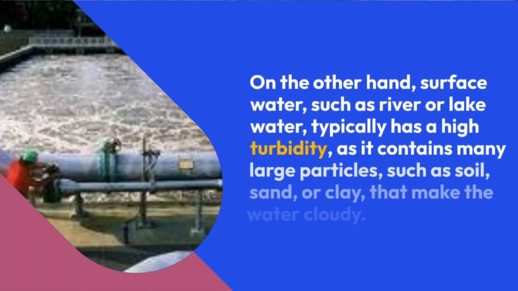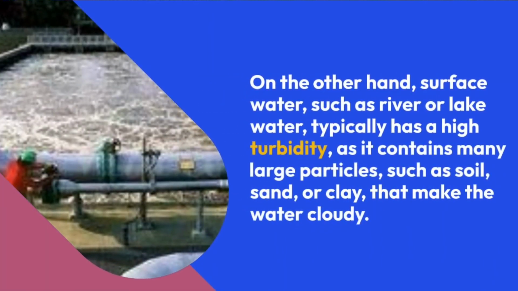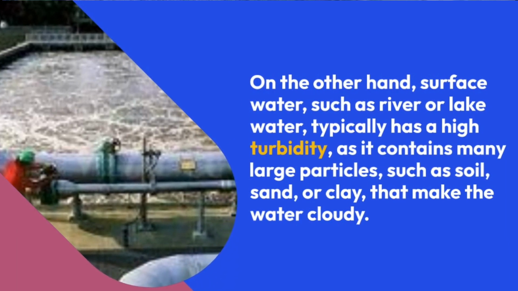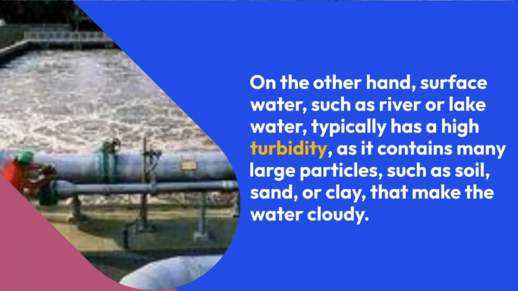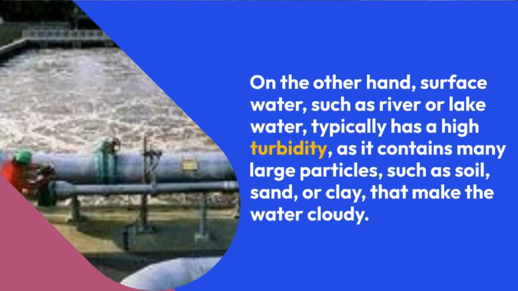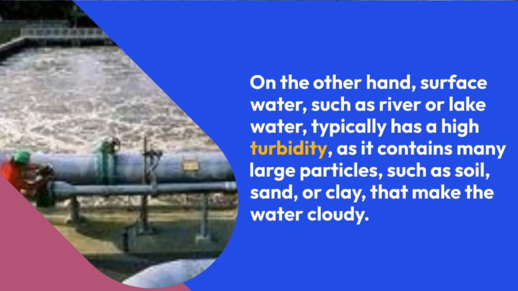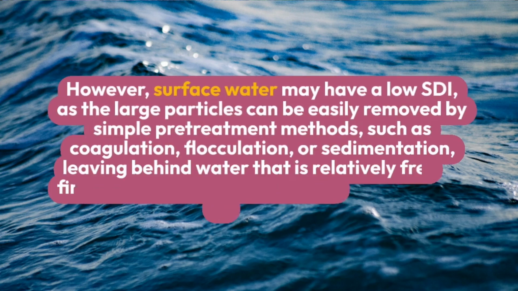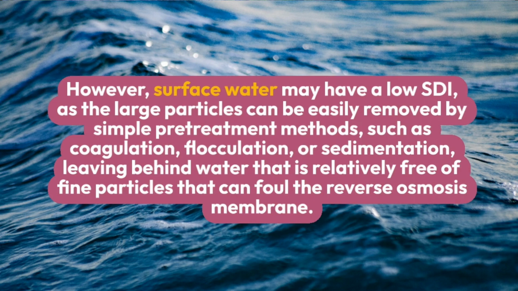On the other hand, surface water, such as river or lake water, typically has a high turbidity, as it contains many large particles, such as soil, sand, or clay, that make the water cloudy. However, surface water may have a low SDI, as the large particles can be easily removed by simple pretreatment methods, such as coagulation, flocculation, or sedimentation, leaving behind water that is relatively free of fine particles that can foul the reverse osmosis membrane.